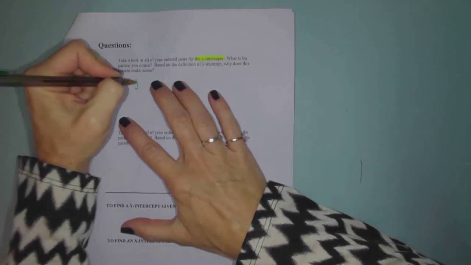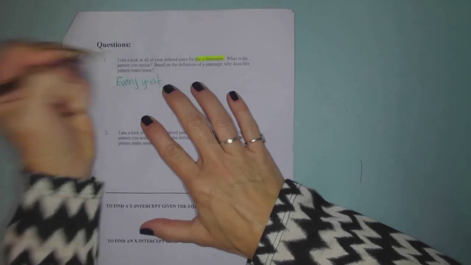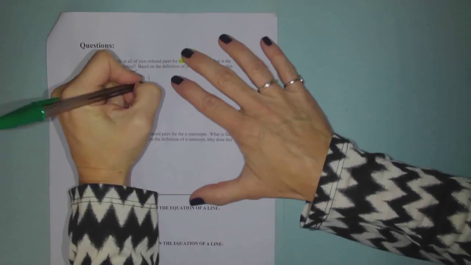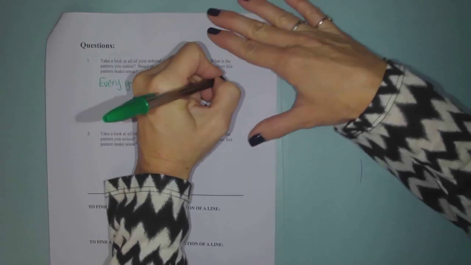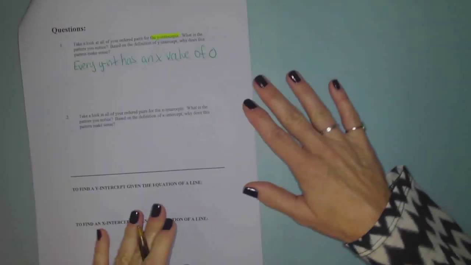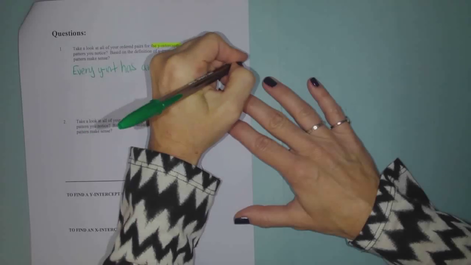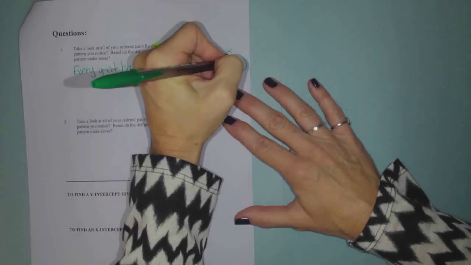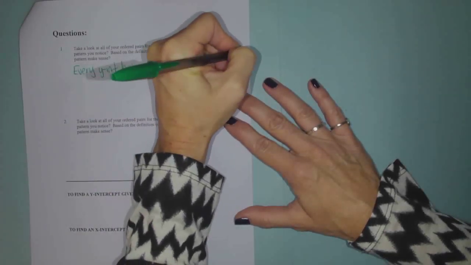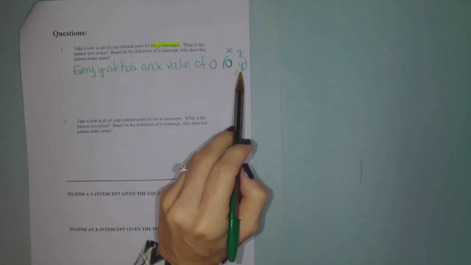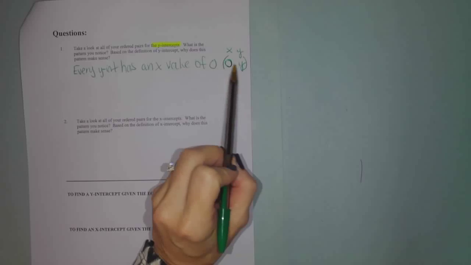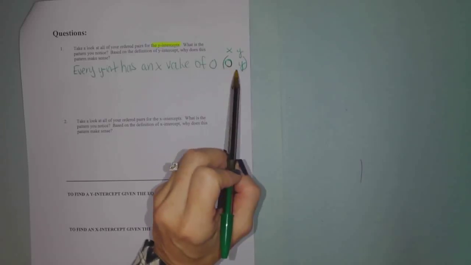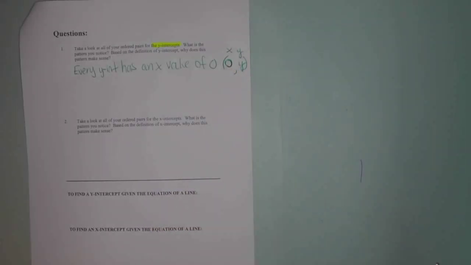Every Y-intercept has an X value of 0. So if I'm writing it as an ordered pair, the X is always 0. The Y is whatever Y value comes out when X equals 0. 0, comma Y.